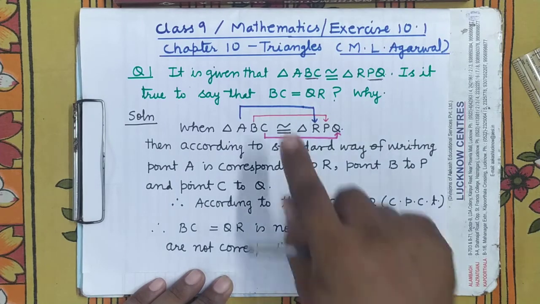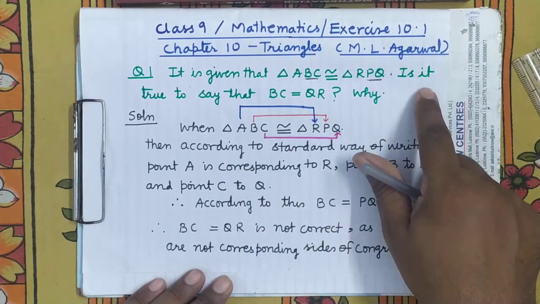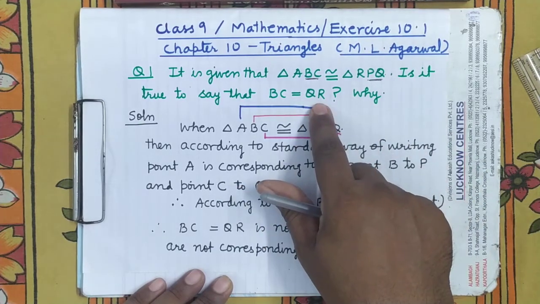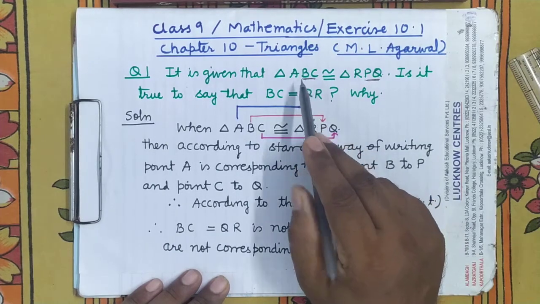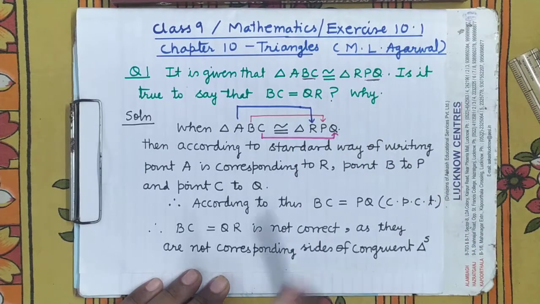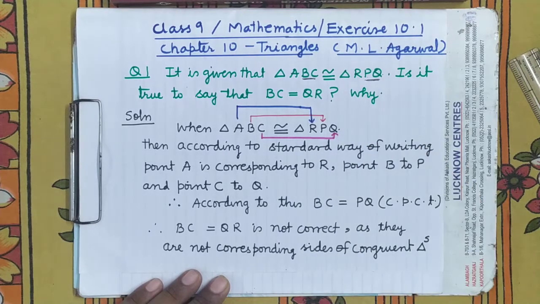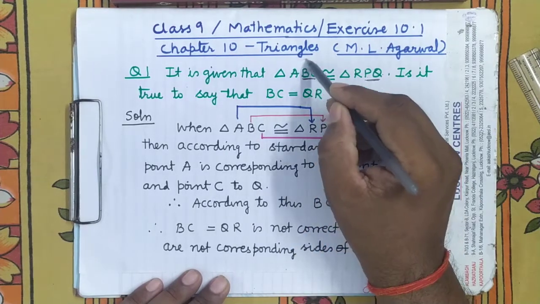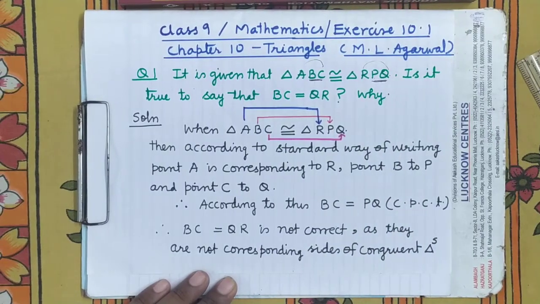But in the question it is asking whether BC will be equal to QR. So no, it will not be equal to QR, because from here you can see BC will be equal to PQ. Is it clear? If I ask what AB is equal to, you can say it is equal to RP. AC will be equal to RQ.